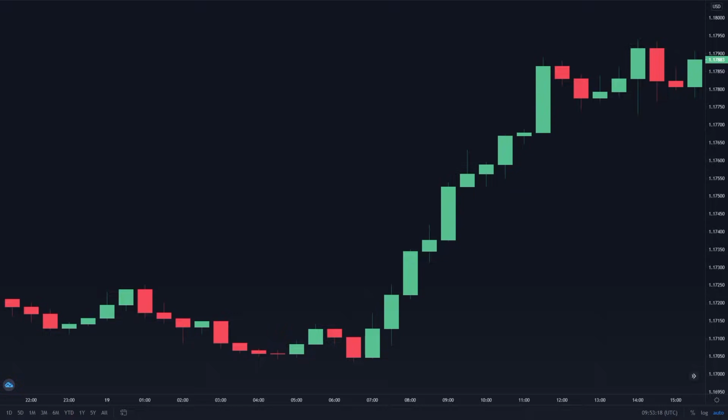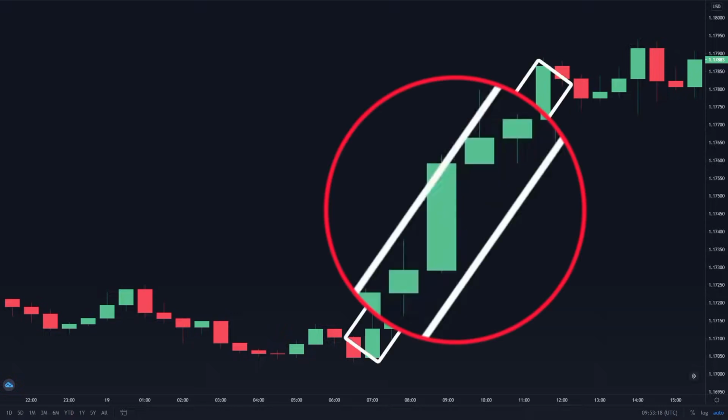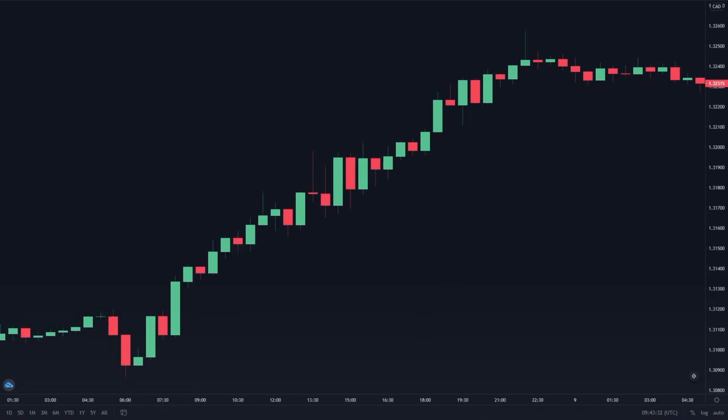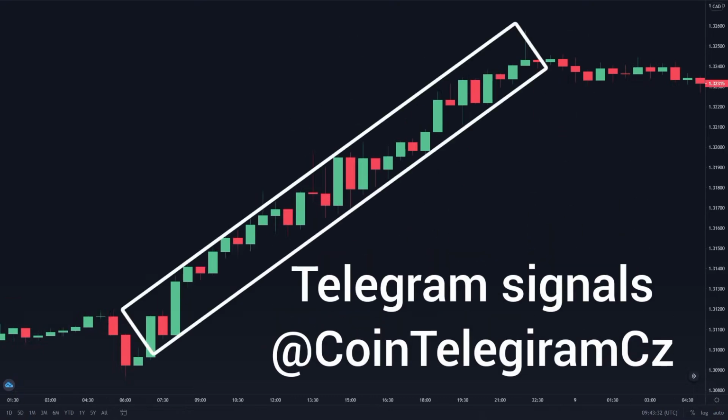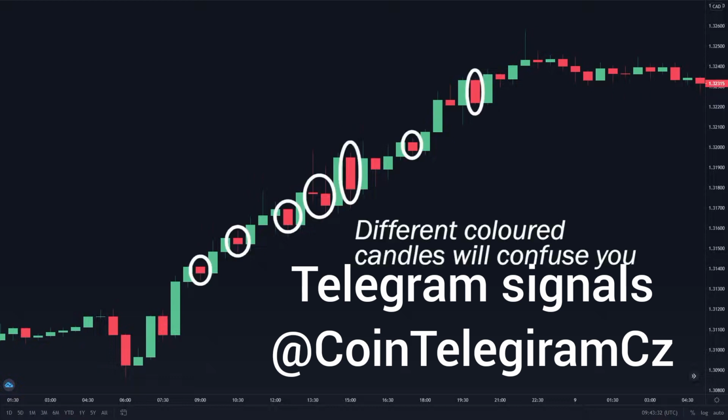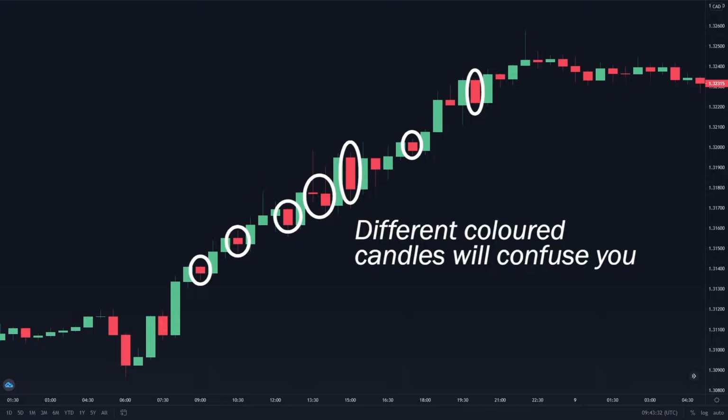So, when trading, finding a trend isn't as simple as you think. A trend doesn't normally look like this, where the candles are all the same color. Most trends actually look like this. Well, in hindsight, this may look easy, but if you're trading real time, these different colored candles will confuse you and might give you false signals.